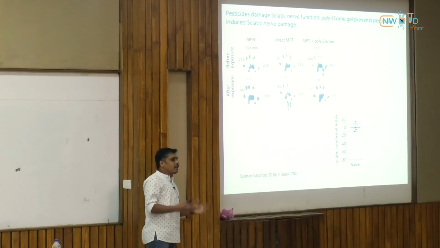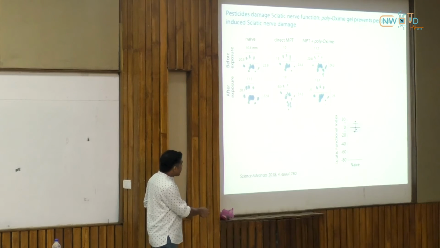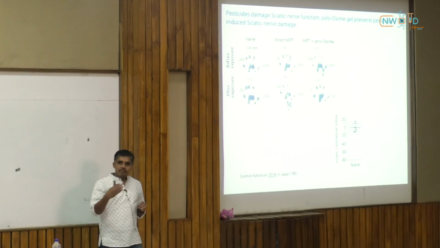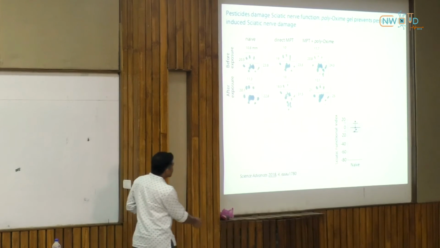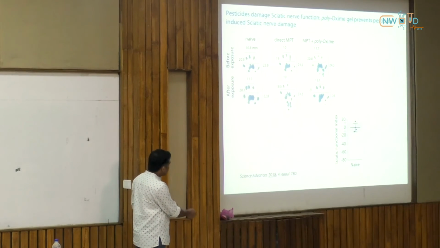So typically any healthy animal, without any neuronal damage, this number always comes between +11 to -11. If the number goes down, anything below -20 or -25 is considered a severe damage of the sciatic nerve. So when the animals were taken, first you measured that all of them are healthy.